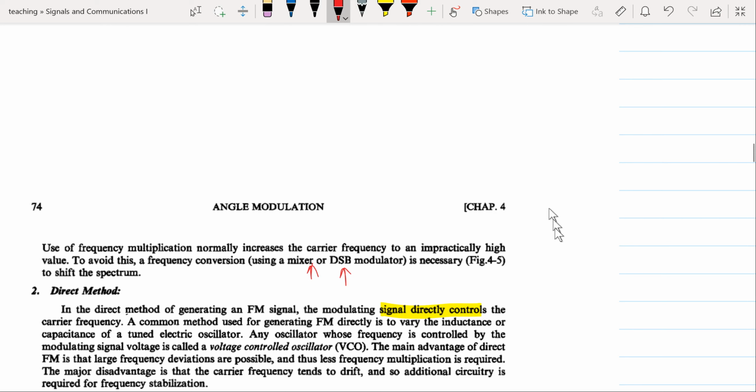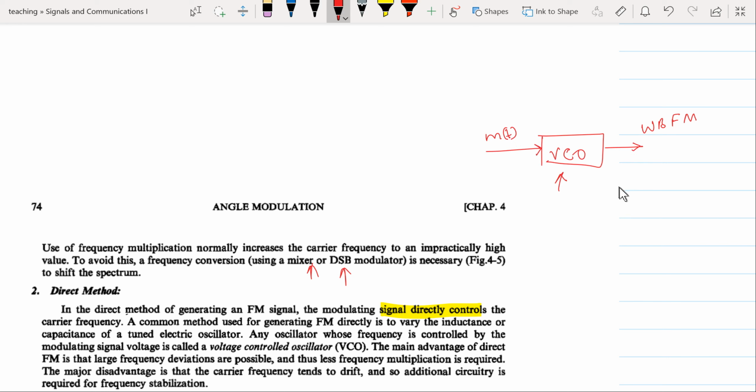And here is the idea: you have the input to the voltage controlled oscillator, the message signal m(t), and the output is a wideband frequency modulated wave. So the modulating signal m(t) is applied as an input to this VCO, and the VCO produces an output that is a function of m(t).